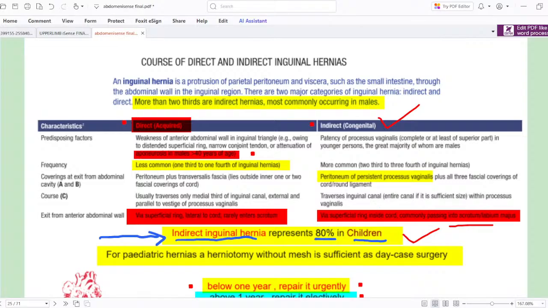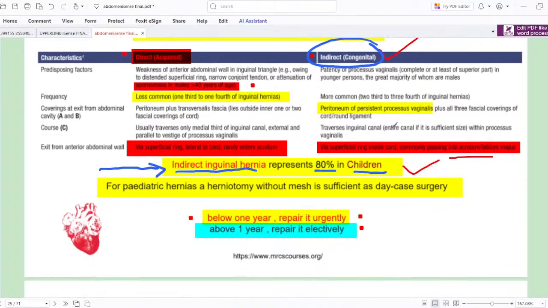Remember, indirect inguinal hernia is mainly congenital. For pediatric hernias, a herniotomy without mesh is sufficient as a day surgery. Below 1 year, repair it urgently. Above 1 year, repair it electively.